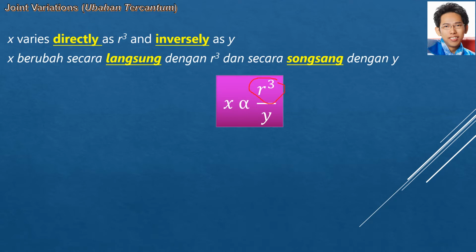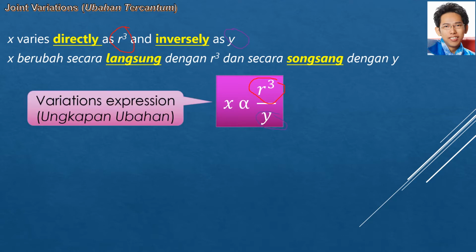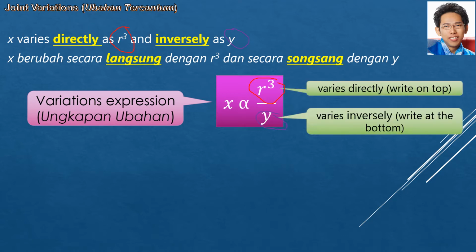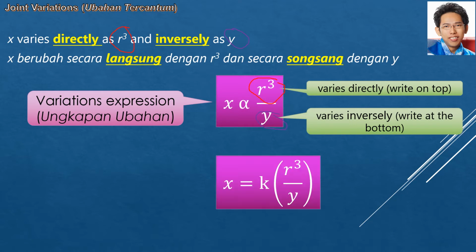Okay, so x r square is direct, so we put on the top. So inverse tulis di bawah. Okay, inverse is y, so put it here. Okay, so this one we call variations expressions. Okay, varies directly right on top, varies inversely right at the bottom.